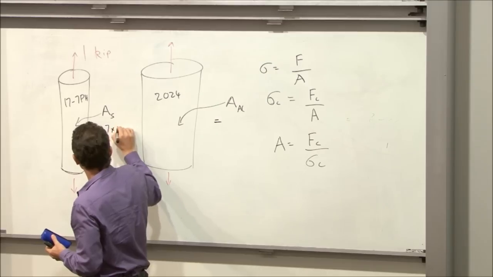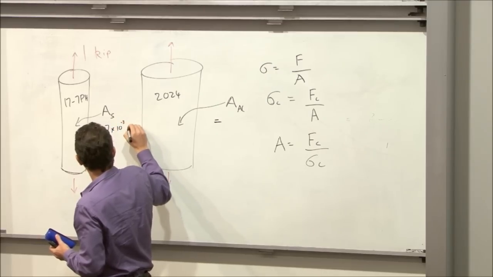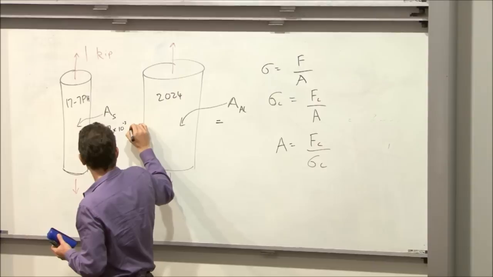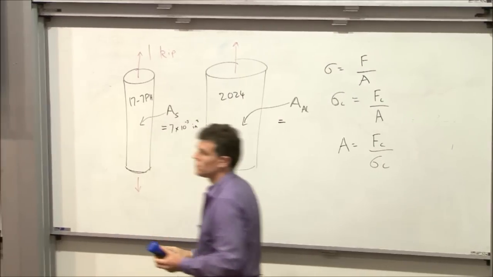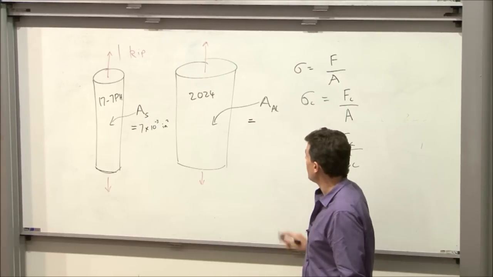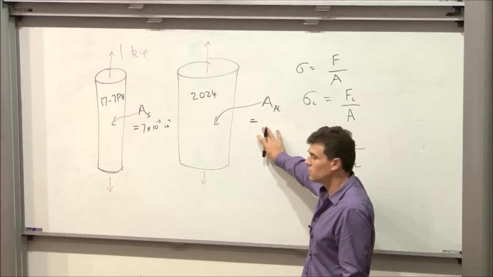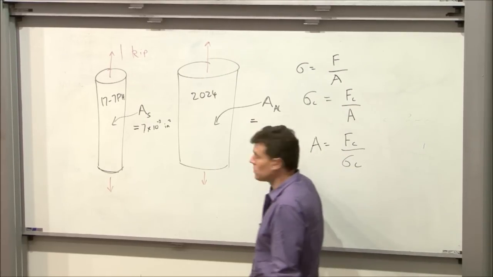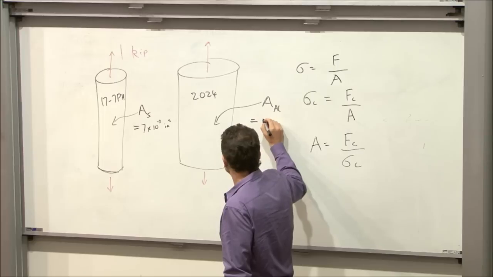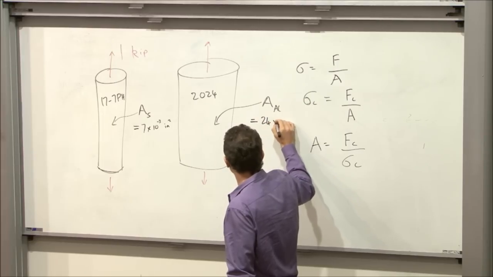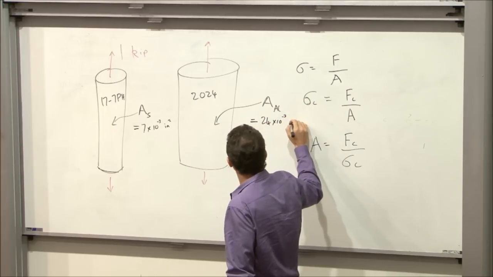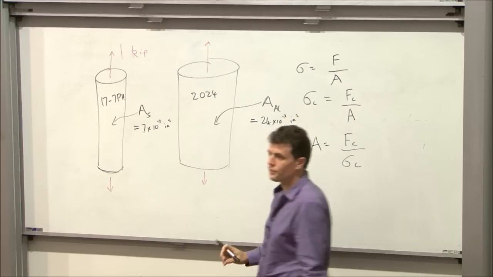So 7 by 10 to the minus 3 square inches. Okay. And the aluminium, 0.023, or 0.024, sorry. So 24 by 10 to the minus 3 inches squared.